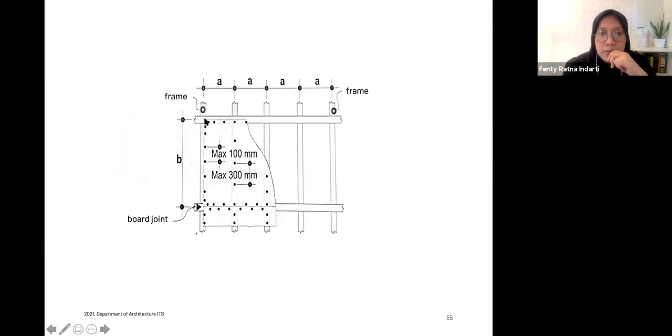And then it will be attached with this type of covering, which is the board. And then the joints will be staggered, like I mentioned before. So this is what it looks like when you draw the partitions. But when you draw it from the section itself, it's really easy to understand how to build it.